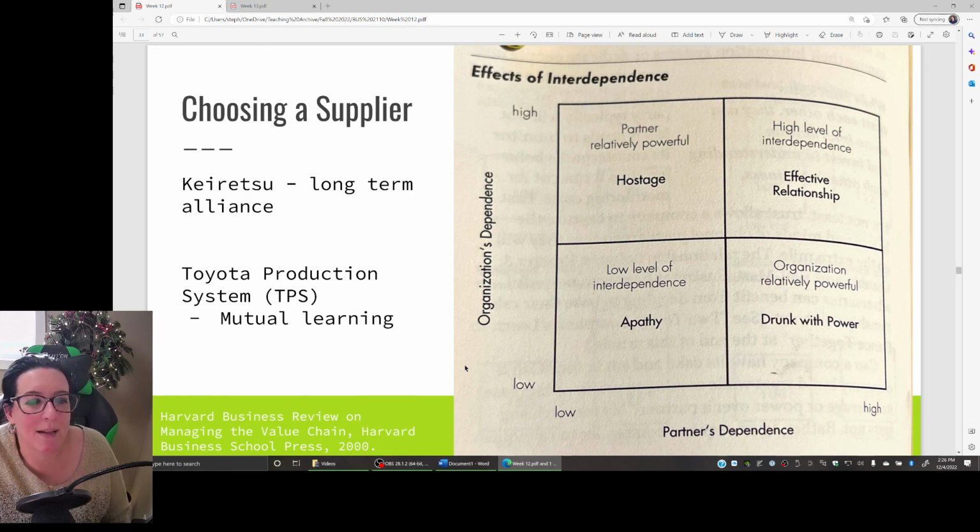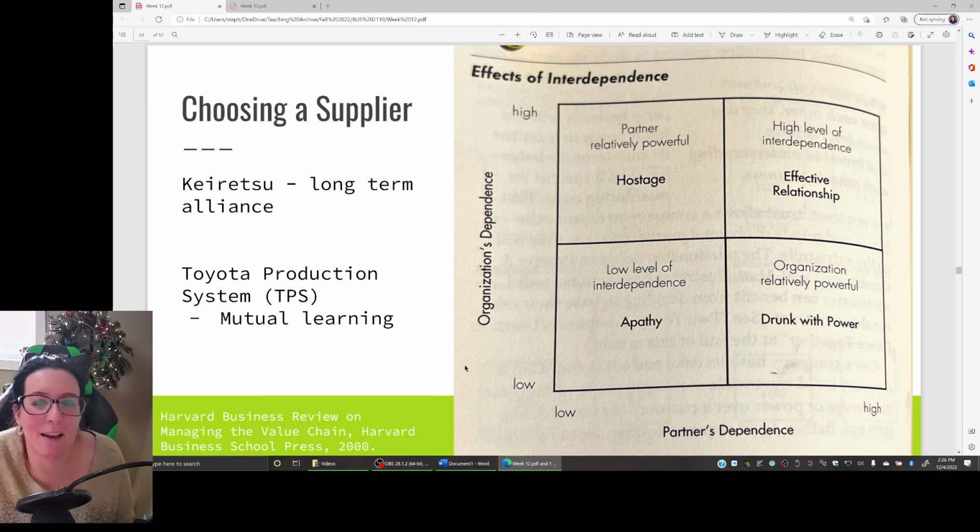And so we get from that the Japanese word keiretsu, which means long-term reliance. The idea here is you pick a supplier that is an effective and mutually beneficial relationship. So we don't want one where our organization is highly dependent on the supplier, and the supplier has lots of customers, so they have very little dependence on us, in which case we're essentially held hostage by our supplier.